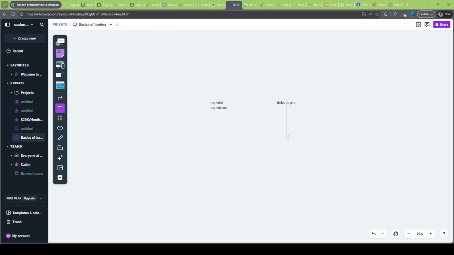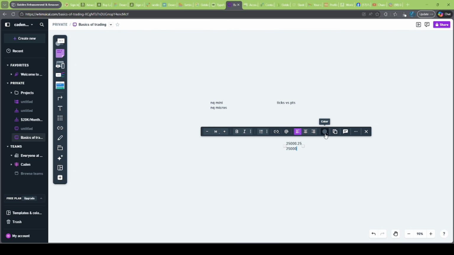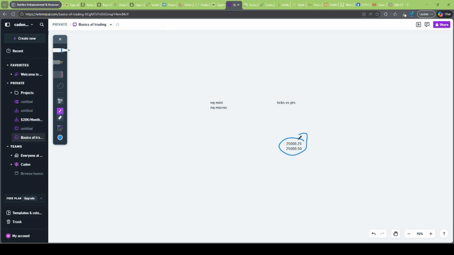So a tick would be if the price of the NASDAQ, let's say for example, went from 25,000.25 to 25,000.5, this would be considered a tick. This is one tick. So there's four ticks in 1 point.